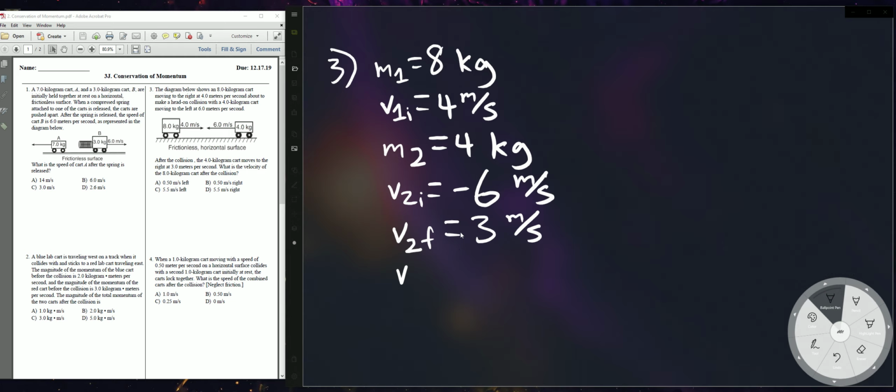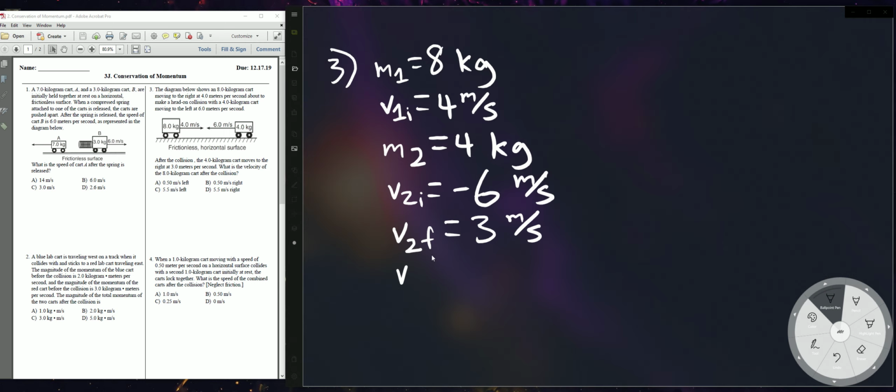Be careful of your signs here, because initially cart 2 was moving to the left at negative 6 meters per second, but after collision it was moving to the right at 3 meters per second. So be careful of your signs.